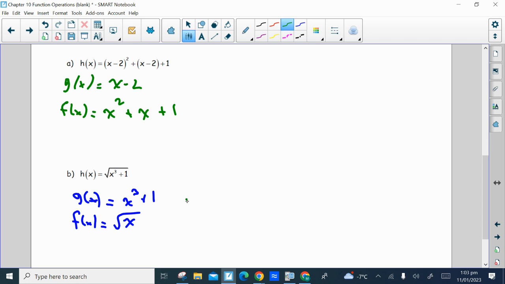I think there's another way we can do it here. We can say that g at x equals x cubed, and f at x equals the root of x plus 1. This would also work. You see, if you take g and embed it into f, wherever you see the variable in f, you replace it with g.